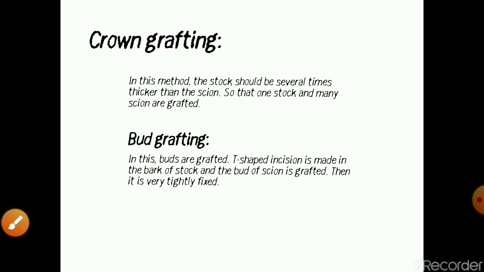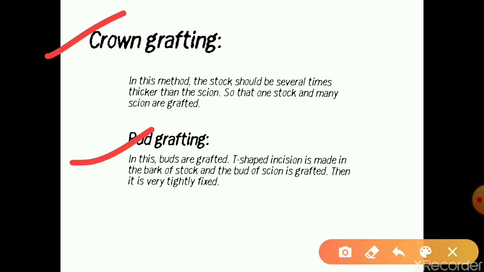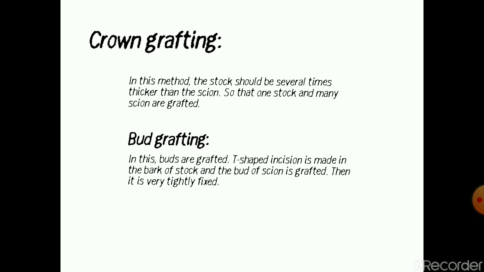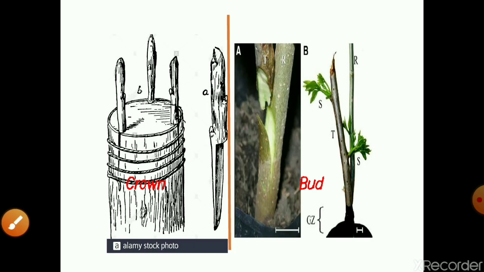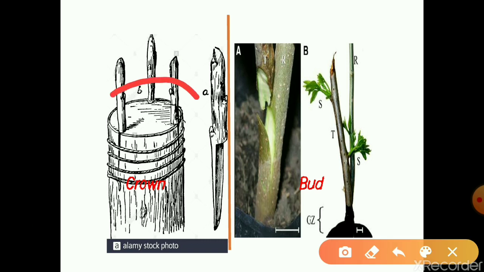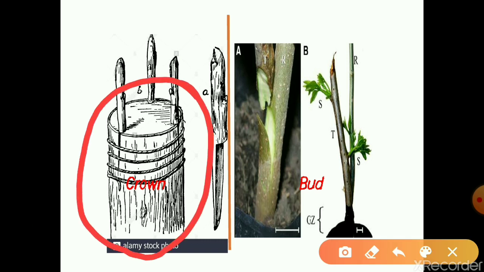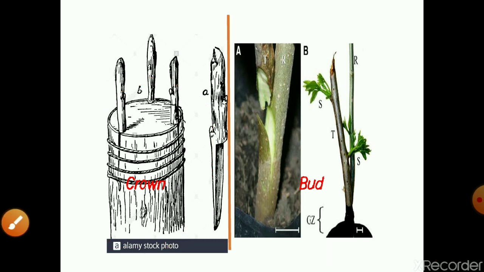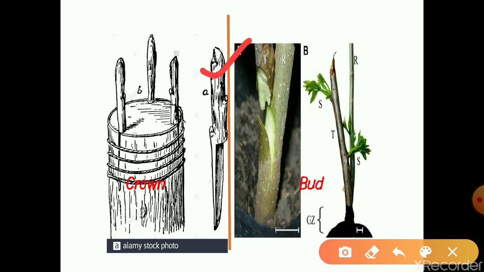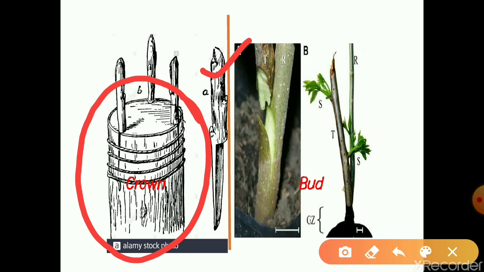In the next slide, we'll be talking about crown grafting and bud grafting. In crown grafting, as shown in the figure, the stalk should have some thickness, meaning the thickness of the stalk should be several times more than the scion, so that more than one scion is put into the stalk.